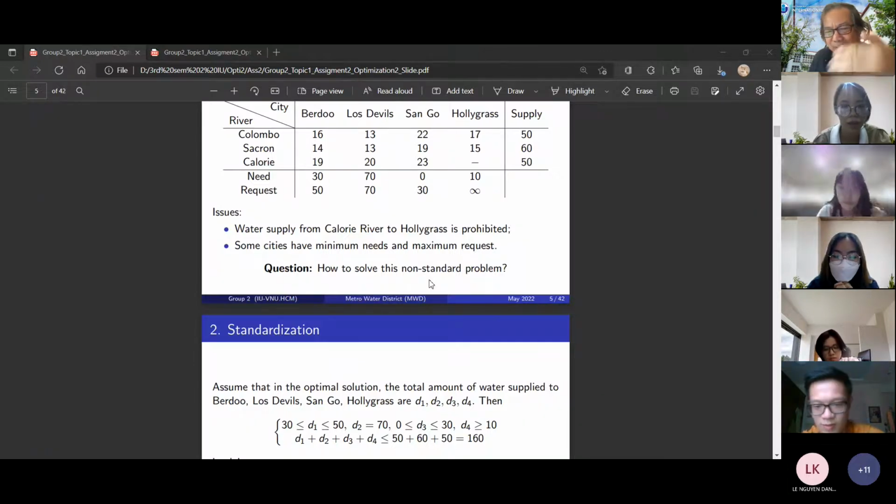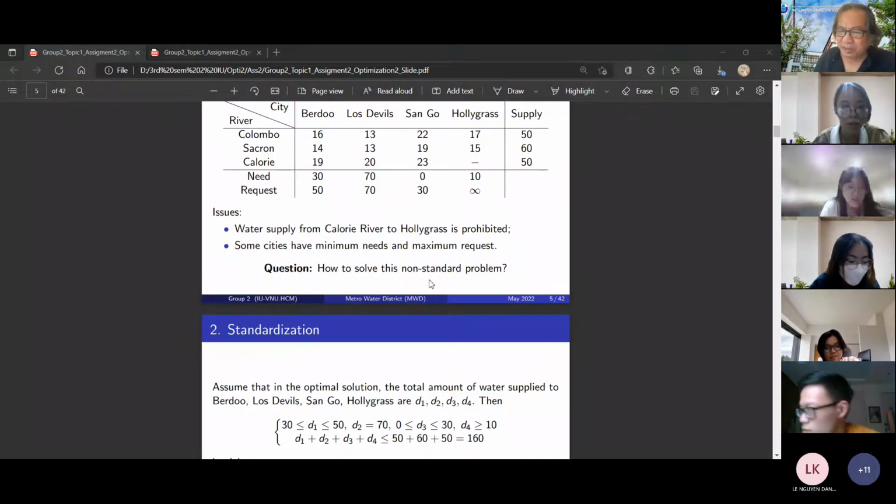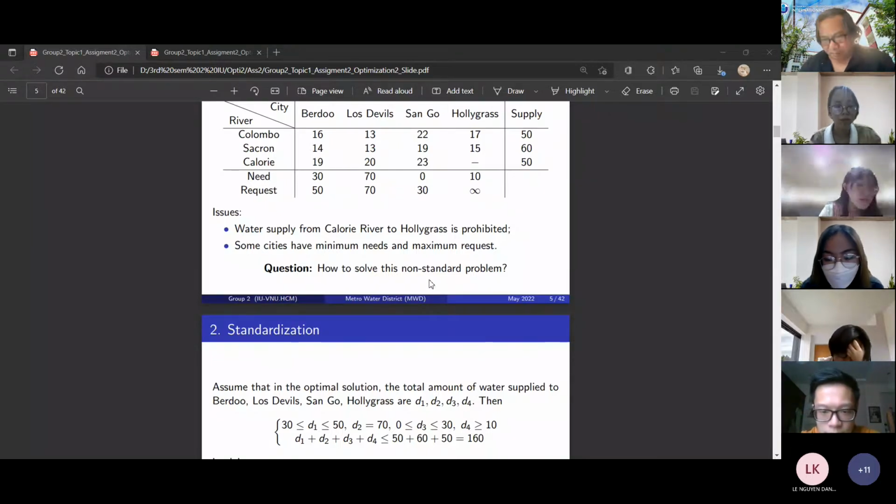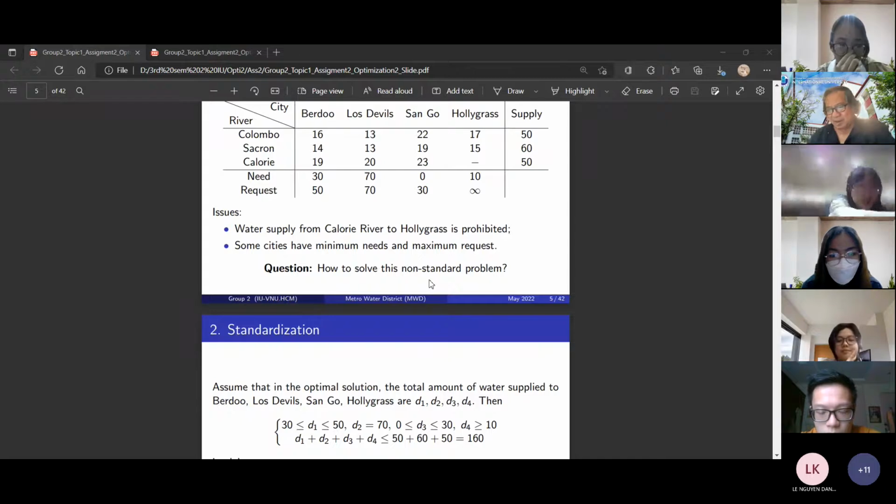The minimum is 5, and the request is 10. If I request 10, you can supply the minimum 5, but you can supply 6, 7, 8, 9. 10 is also okay. You understand? Yes, teacher. The first row is an obligation.